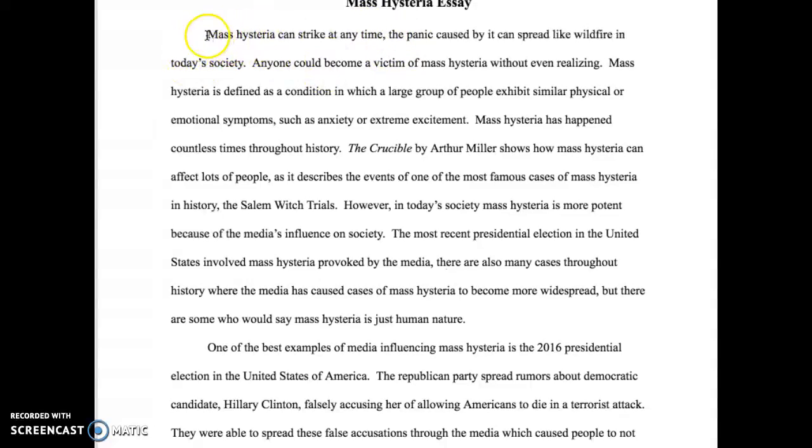But the intro is pretty good, and I like how the intro goes from the hook that you have into a little bit about how this can affect anyone, and then the definition, and then you talk about a specific example of it. But what's good about this, and this is where it gets tricky, is sometimes people will throw in things in the intro that are very, very specific, but you kind of bring it broad where you're like, here's this example from Arthur Miller that talks about how it would be there.